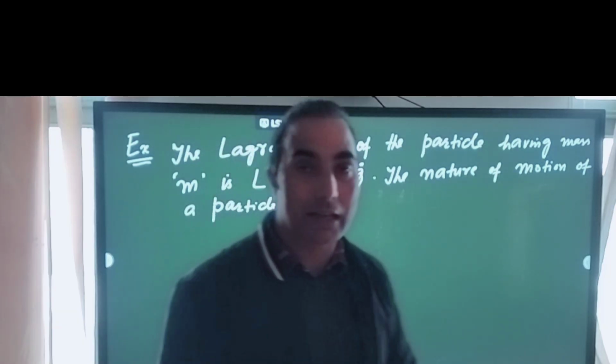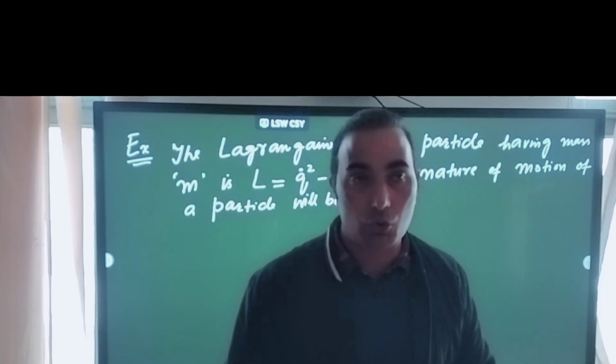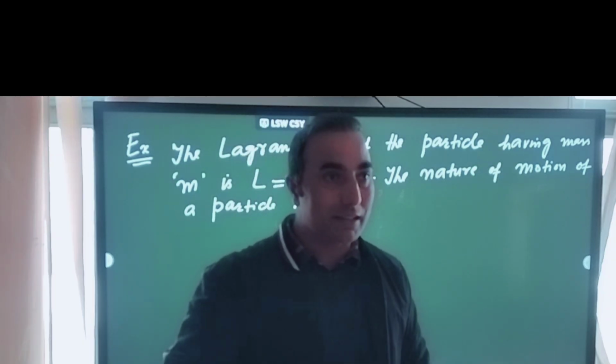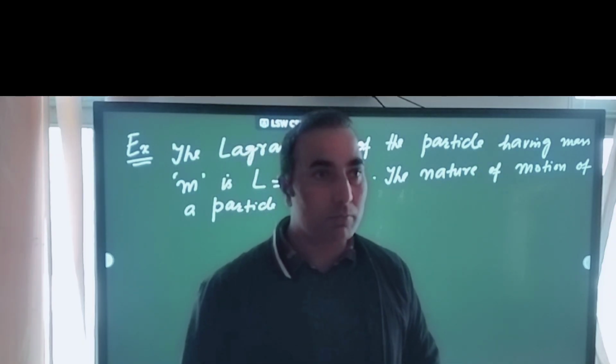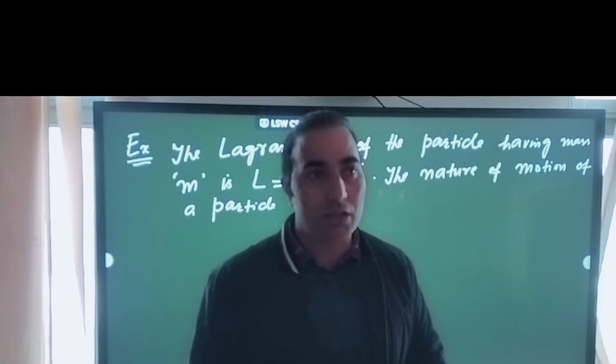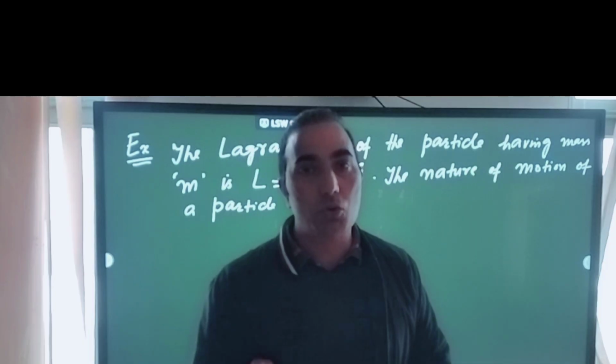Nature of motion means we have to say whether the particle is executing simple harmonic motion, or some periodic motion, or it's a free particle. So that means we have to look at its nature of motion, right?